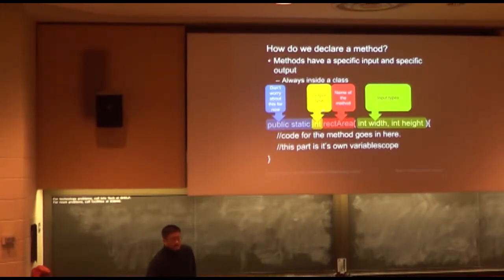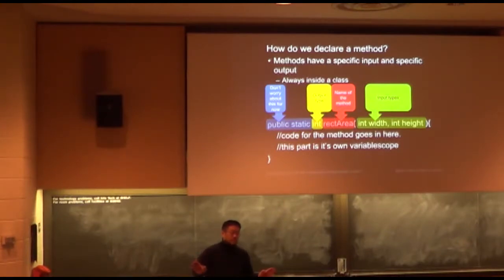And this word is the output type. Remember how I said that methods always have a specific input and a specific output. This is defining the specific output of a method. A method always generates an output of a specific type. It cannot generate outputs of different types. So that void is a very special word, because a void is saying that this method doesn't generate output.